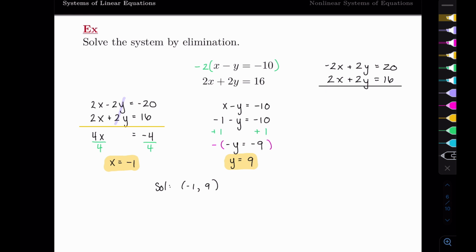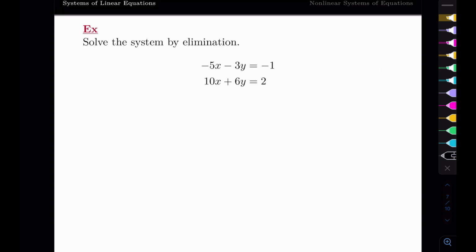If we solve this, I've now got the opposite sign in front of my x, but the same number, so they cancel out. That gives us 4y is equal to 36. Then we divide by 4, and you end up with exactly the same value for y of 9. I would plug this back into my starting equation, and then I would see that x would have to equal negative 1 to satisfy both equations. Okay?